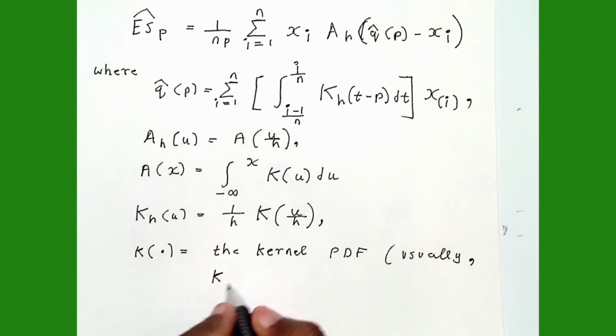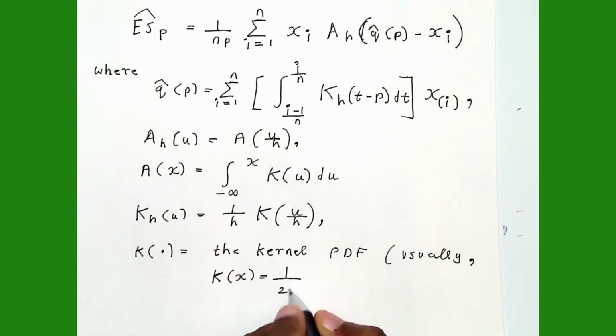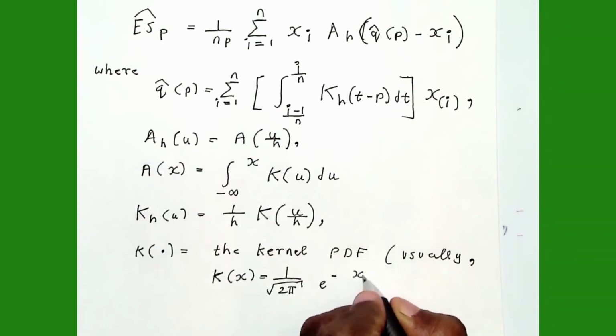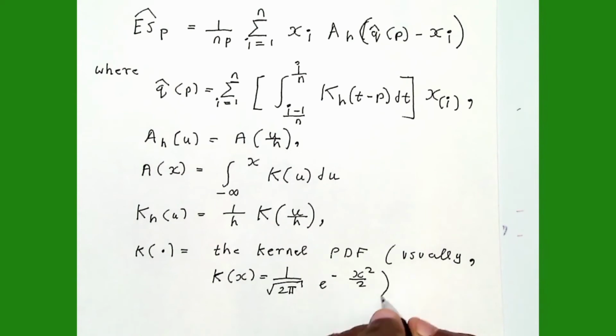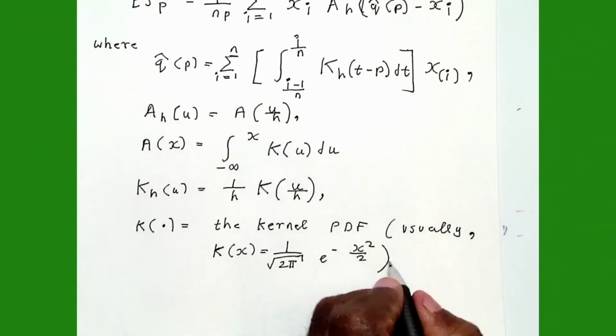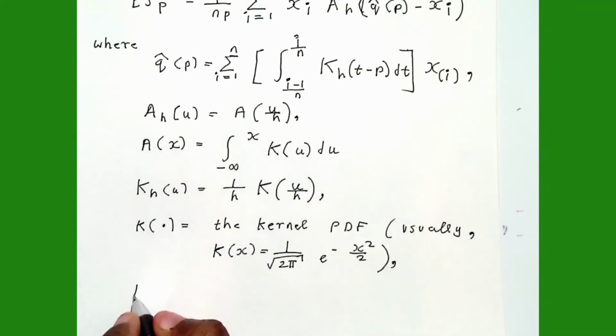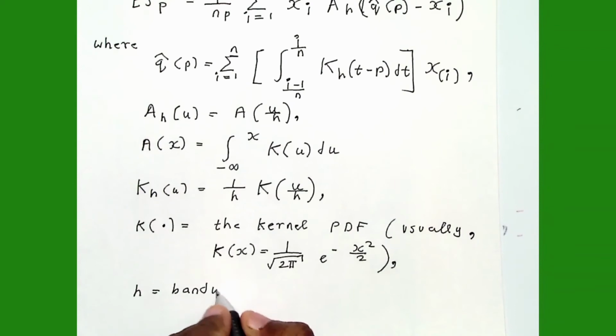So in other words, k at x is equal to 1 over this times this. I'm sure all of you know this is the PDF of the standard normal. And h is the bandwidth, so it controls the smoothness of the estimator.